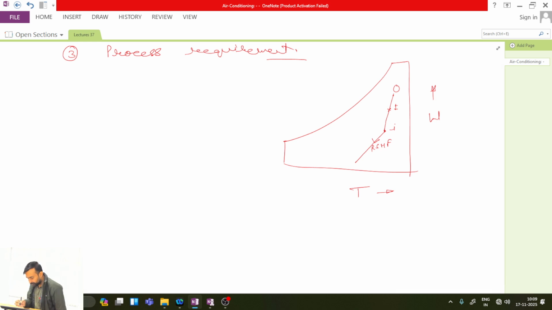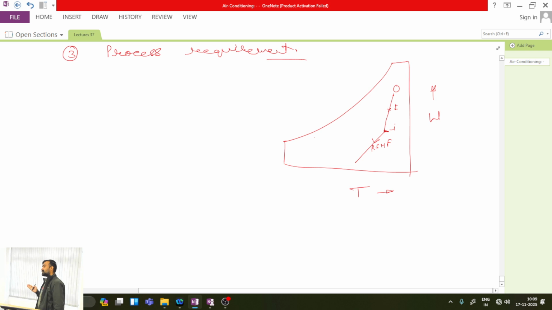Latent heat will be represented by a vertical portion, so if I have an increase in the vertical portion, it signifies that I have more latent heat. Is this one clear? So one thing could be that the RSHF line will become so steep that it will not get the opportunity to cross the GSHF line and even the saturated curve.